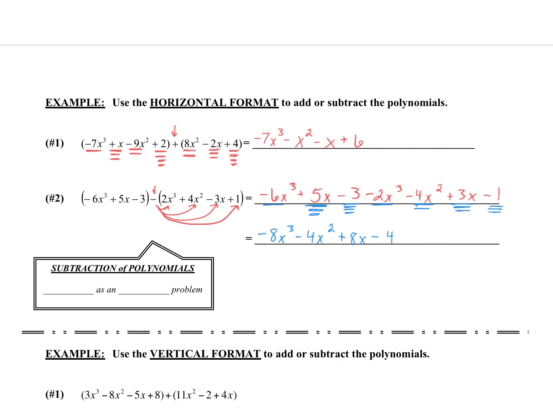So the first step of that problem, when we kind of distributed that negative, is we wrote this as an addition problem, okay? So whenever you're subtracting two polynomials, a good way to do it is just to write it as an addition problem, okay? That's the first thing you should do, and then you don't need to worry about that negative anymore. So that's the horizontal format.